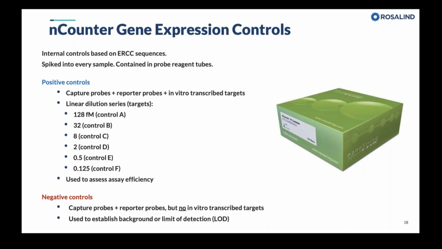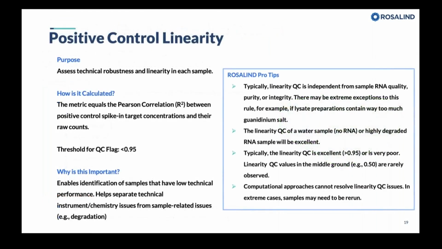So let's talk about how to use these controls in the QC process for your data. First, I want to talk about the positive control linearity. I think the name kind of gives it away, but we look at these to assess the technical robustness and the linearity of each sample. The way this is calculated, and I'm going to show you this in a figure on the next slide, so if this text isn't clicking with you, just bear with me for a minute and I'll show you a visual diagram.